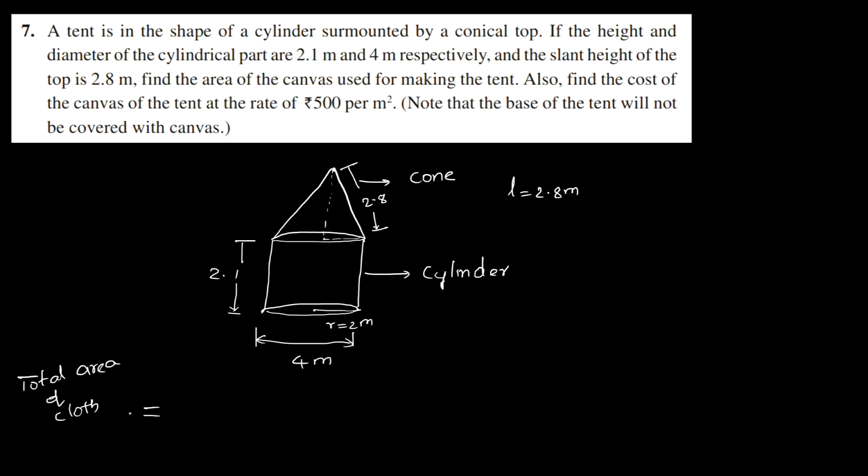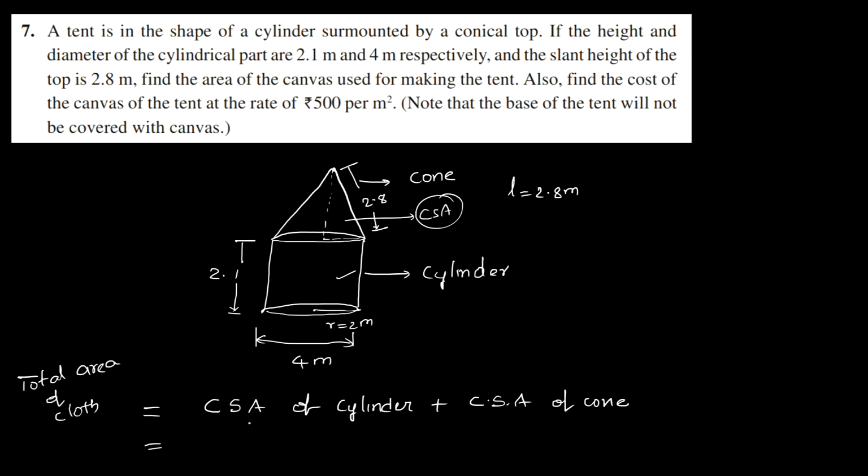Total area of cloth is equal to, anyway base we are not covering, so it will be curved surface area of a cylinder plus curved surface area of cone. Because we are not putting cloth on the base of the cylinder, and the top of the cylinder merges into the cone, so we can't touch it either. So the only part which we can touch is the curved surface area of the cylinder. Always remember, surface area, whether CSA, LSA or TSA, is the part where we can touch with our hand. Leave the base aside, we can touch the CSA. The top of the cylinder merges into the cone, so we can't touch it from outside. And the remaining part is the CSA of cone. So therefore we have to use the CSA of cylinder formula and the CSA of cone formula.